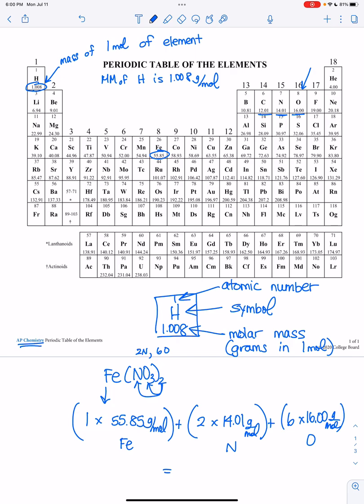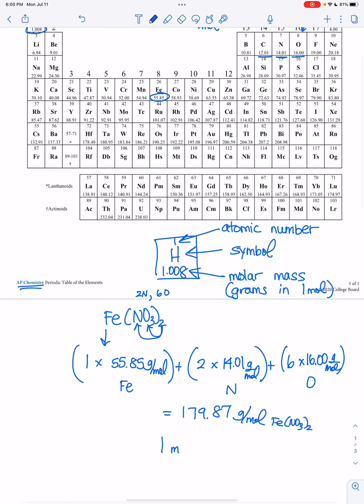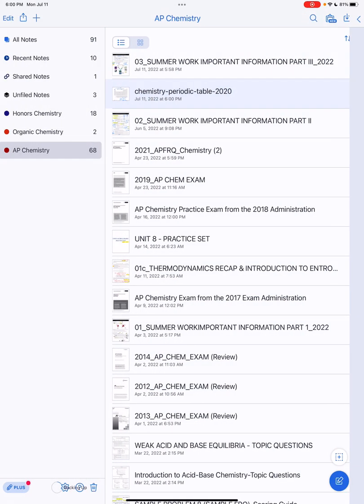And I get a molar mass of 179.87 grams per mole for Fe(NO3)2. So it's nice to know, and I'll probably bring this up later when we do other notes, make sure that you know that the parentheses multiplies on the inside. So now I know that 1 mole of Fe(NO3)2 is 179.87 grams.